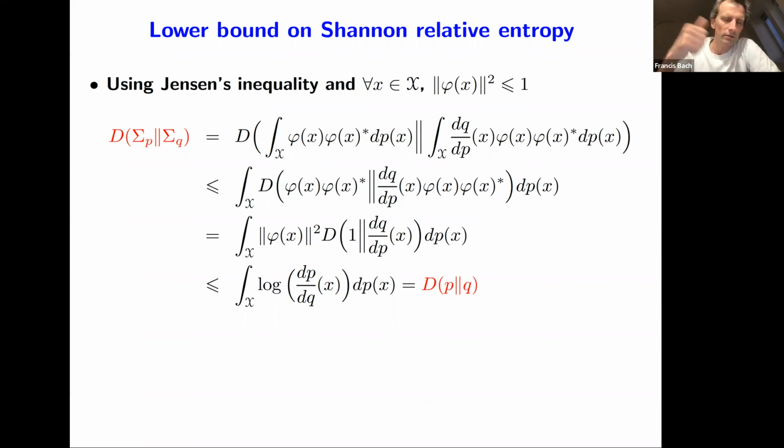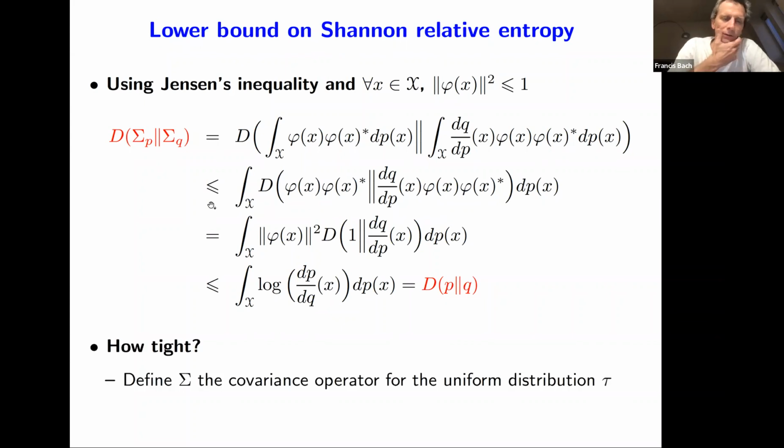Only one is non-zero, the rest is zero, and the zero leads to zero because it's zero here. And you end up with exactly this quantity. And then you refactorize it, and you use the fact that phi of x is less than 1, and boom, you get to your relative entropy. So with a direct application of Jensen's inequality, you get a lower bound on entropy.